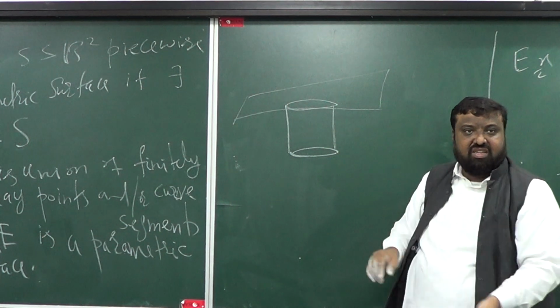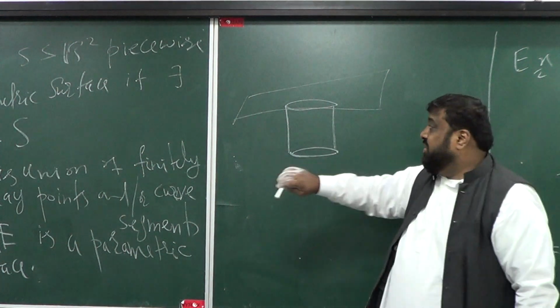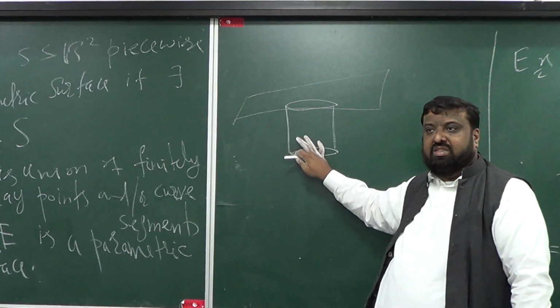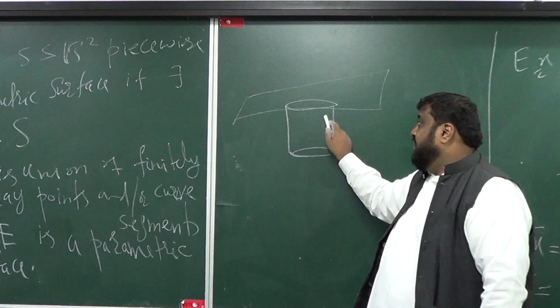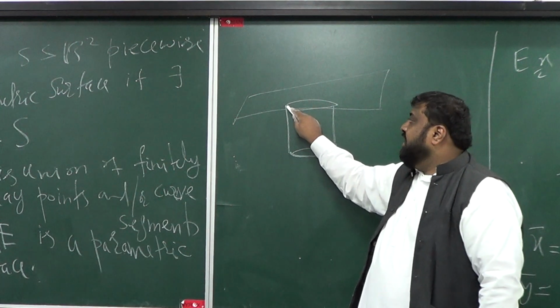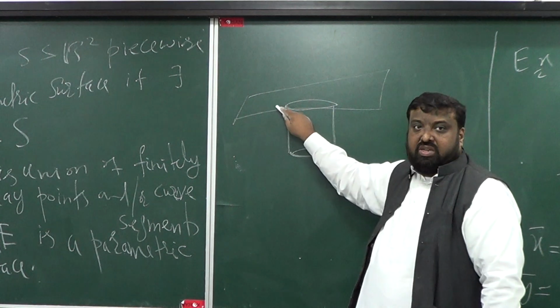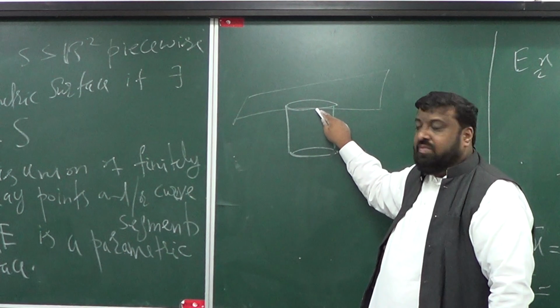So if you compare with this definition, that's a piecewise parametric surface. So what should be the analog of E? The analog of E is going to be these points.